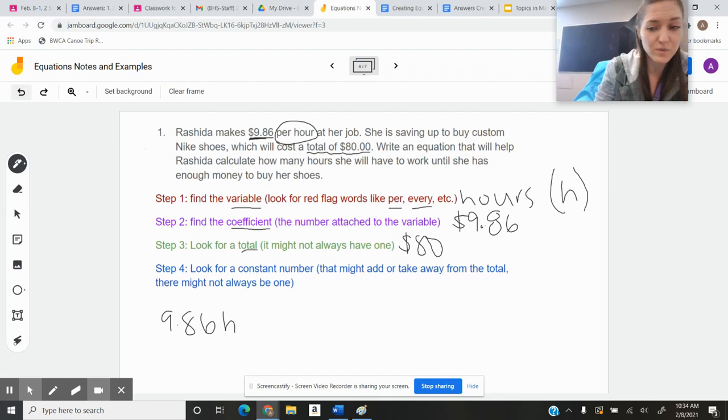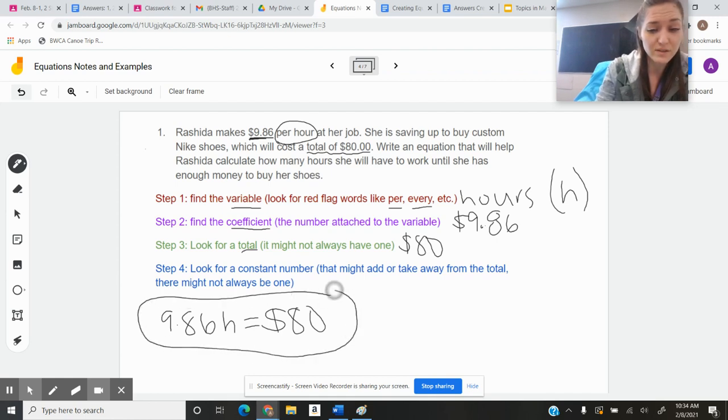And she wants her paycheck to be $80 or more. So she's got to work until her paycheck is at least $80 in order to afford those shoes. So your equation would just be $9.86 times H equals 80. If you were to solve for X, you'd figure out exactly how many hours she has to work.